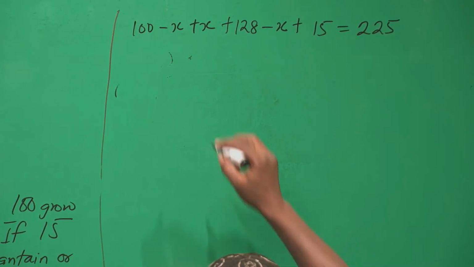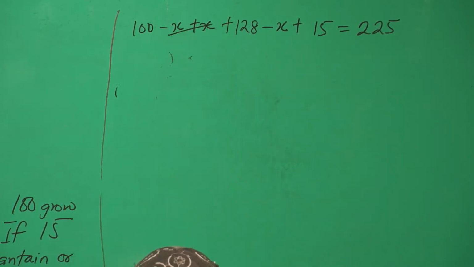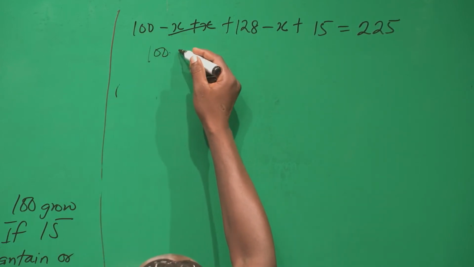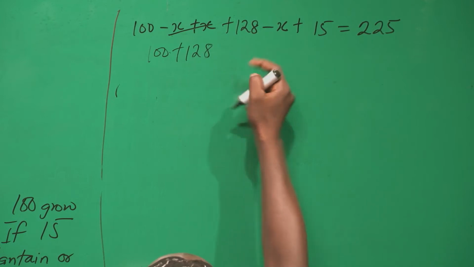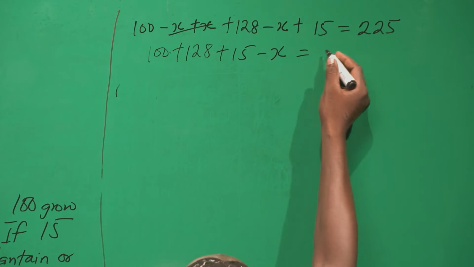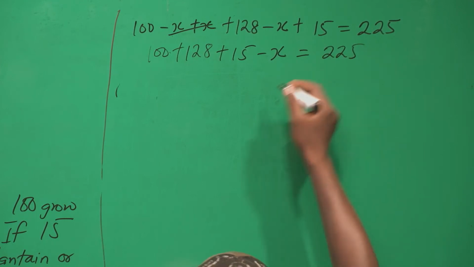Okay, so the x's, they go away. 100 plus 128, you can group all items. You can bring the 15 plus 15 minus x is equal to 225.